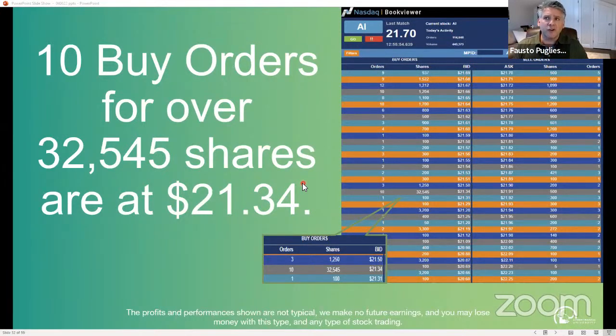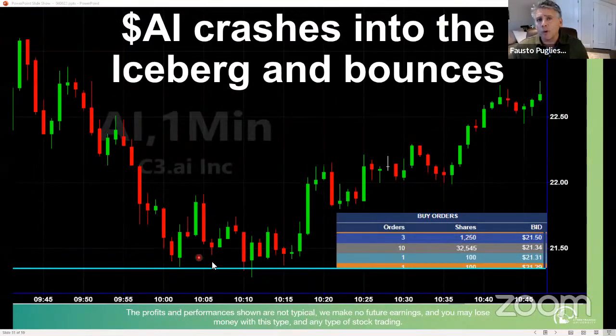Let's look at this AI trade. It's up, it's down, it's going all over the place, but the goal is what stops it from going up and going down? Buyers. And when you look over here, without even looking at history or past or anything else, you'll notice that right here, you got a buyer at 21.34. So what do you think happens when you got to 21.34? Boom, the stock goes up.